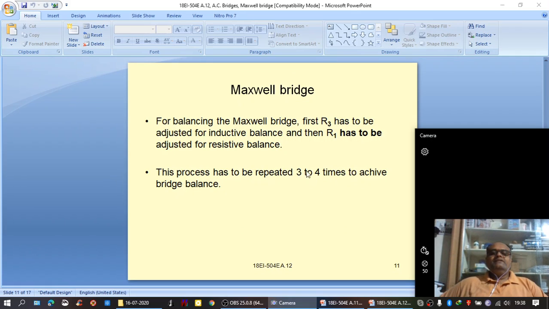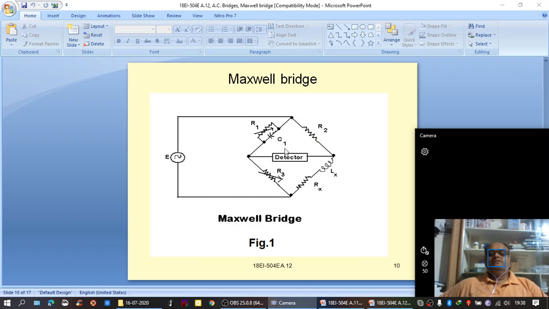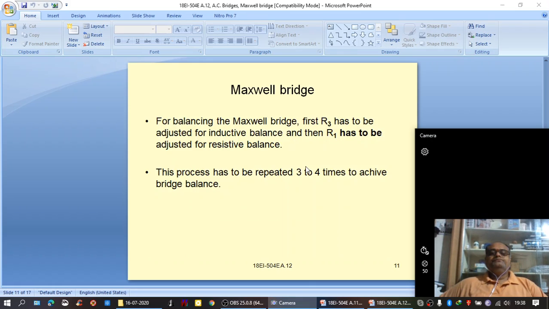For balancing the Maxwell bridge, first R3 has to be adjusted for inductive balance. Then R1 has to be adjusted for capacitive balance.